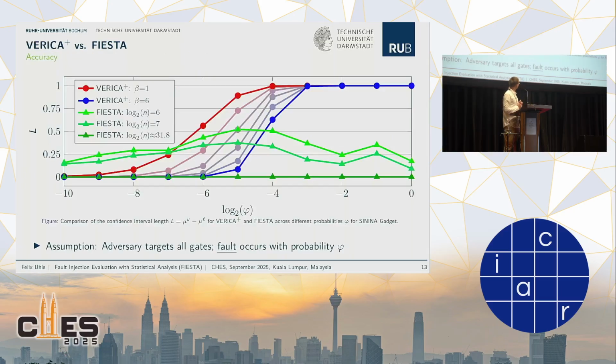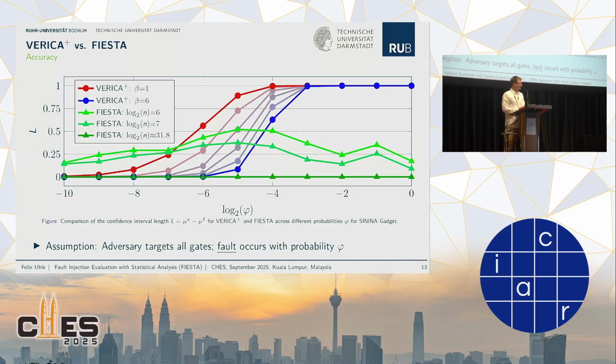And here we have, as promised, some figures about the accuracy of Fiesta, our tool, versus Verica Plus. Sorry, the green lines are Fiesta, and the blue and red lines are Verica Plus.